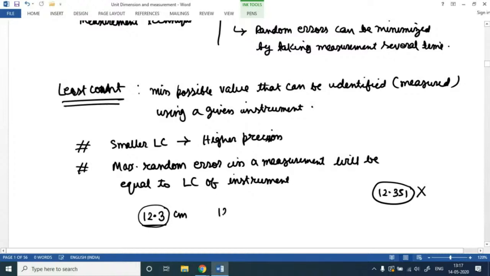So basically it would be like 12.3 plus minus 0.1, and that is nothing but the least count of this measuring instrument, which here is a meter scale, and that is the maximum possible random error over here. So it is always good, if you are doing the measurement only once, to write it like that as the maximum possible error associated with this measurement. That clearly defines with how much precision you are doing this measurement.